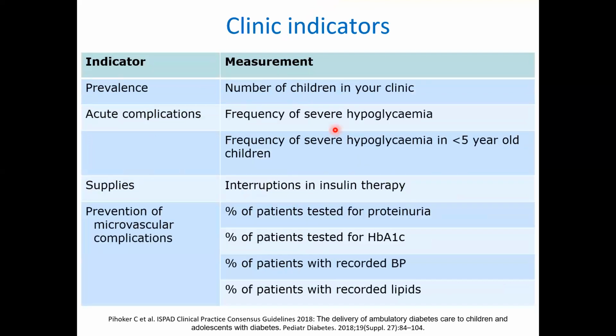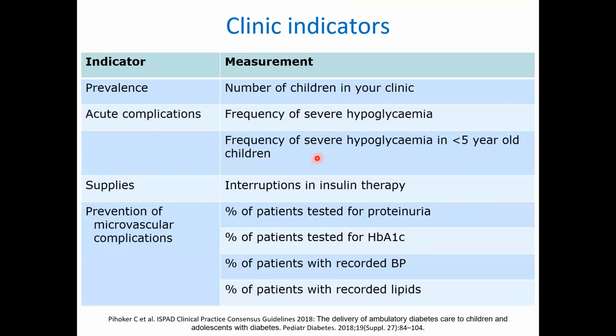So for clinic indicators, these are the parameters you can use to determine whether your facility is providing appropriate care or providing the recommended services for children with diabetes. So in terms of prevalence, what are the numbers of children in your clinic?